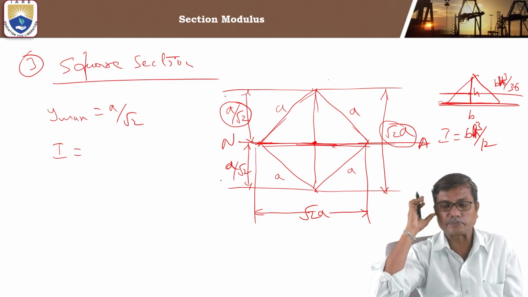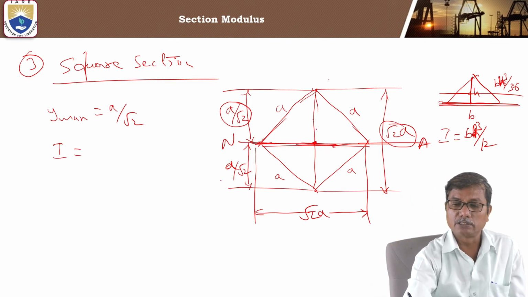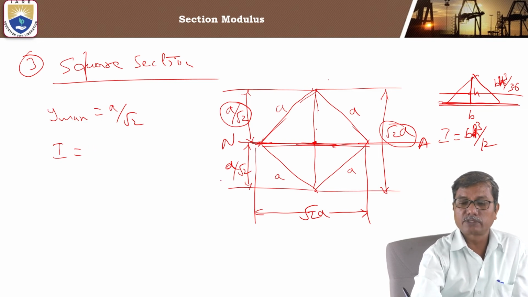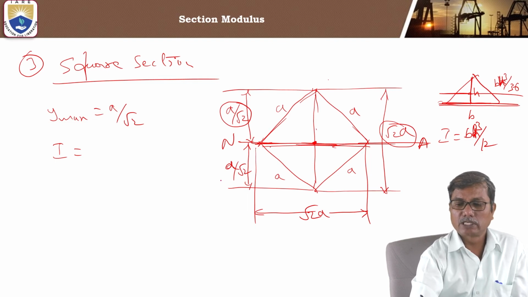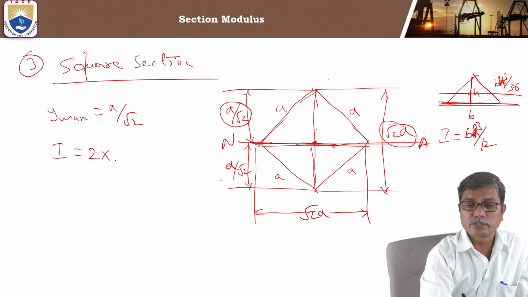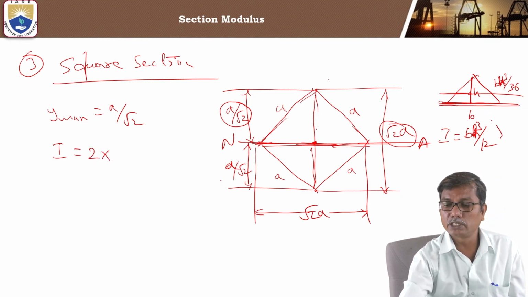So you have two triangles, one above and one below, both of the same dimensions. The base is the same and the height is also the same for both triangles. So the moment of inertia is 2 times b h cube by 12.